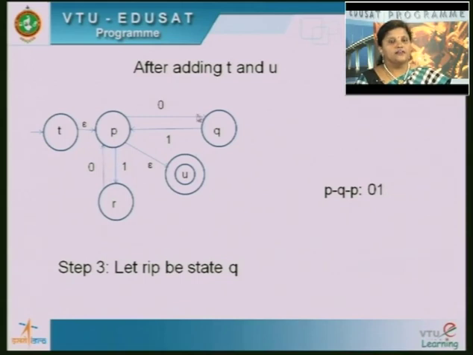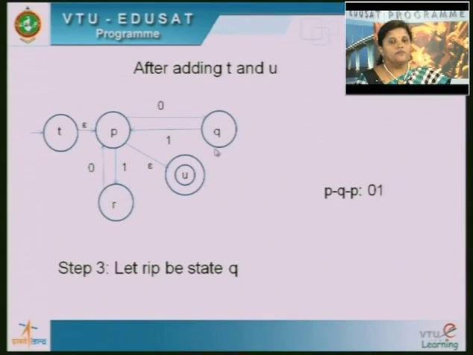Let me select the state Q as the RIP state. Q is connected only to state P, to no other states. From P to Q and again coming back from Q to P, you have the transition 0, 1.